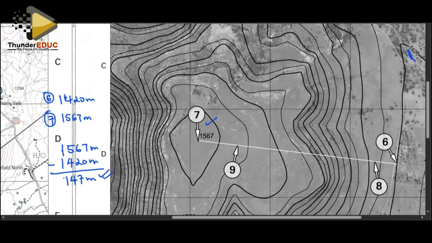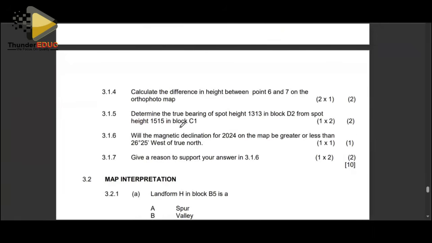Then, moving on to the next question, it says, determine the true bearing of spot height 1313 in block D2 from spot height 1515 in block C1. Right, I'll just illustrate what you will do there for the sake of clarity of how you find your true bearing.